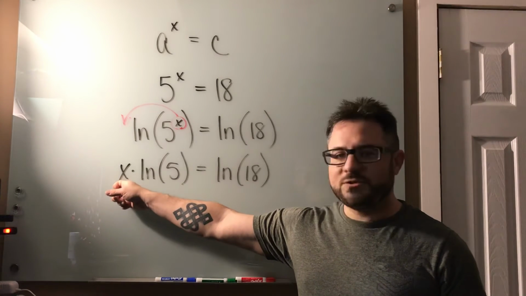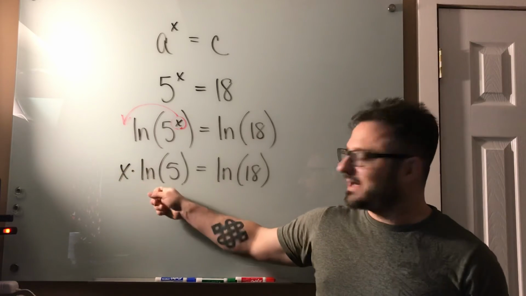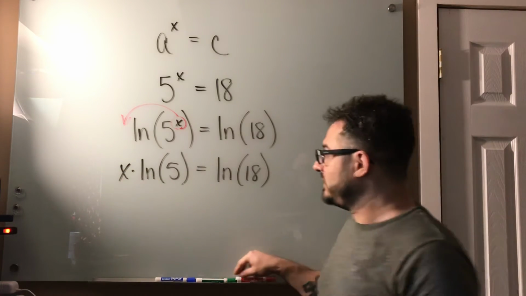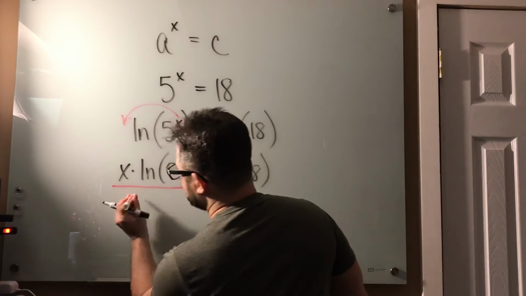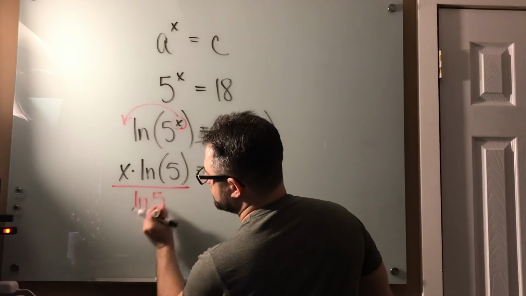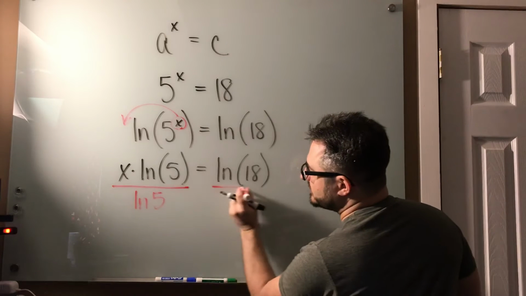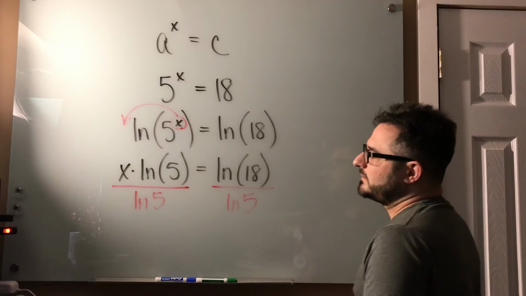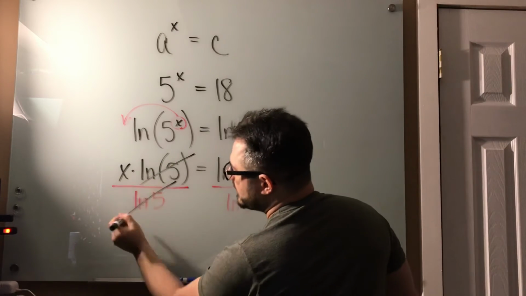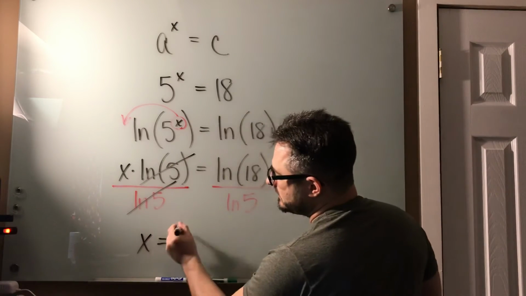And the way we undo multiplication by a constant is to divide by that constant. Of course, we need to divide on both sides then.